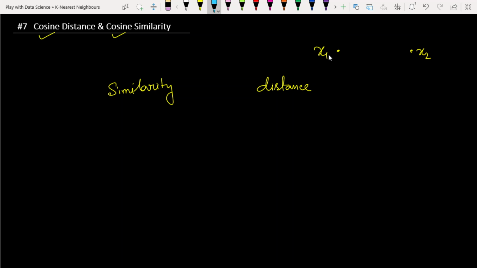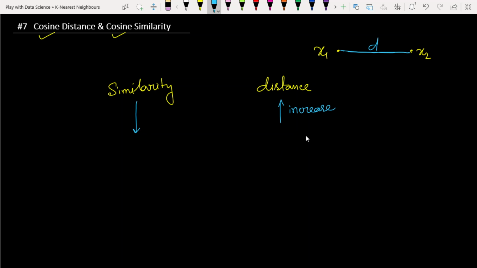If we see the distance between x1 and x2, if the distance increases, this means the similarity of these two vectors has decreased.